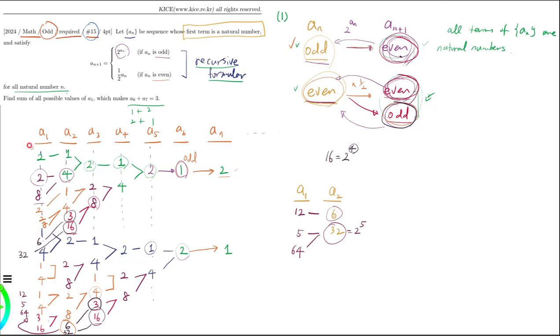So if you add those whole numbers, add them up: 1, 2, 3, 4, 5, 6, 7, 8, 9, 10, 11, 12, 13, 14, 15, 16, 17, 18.